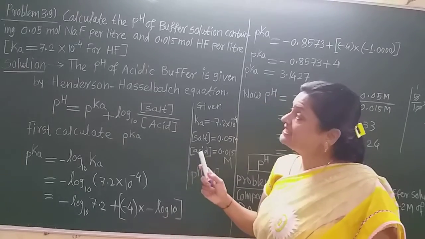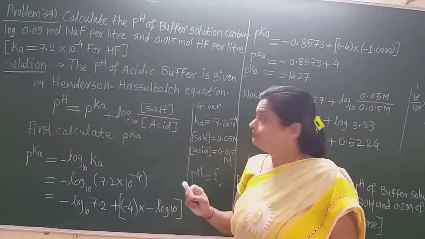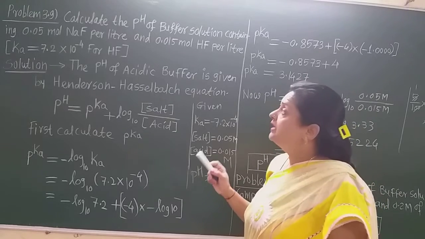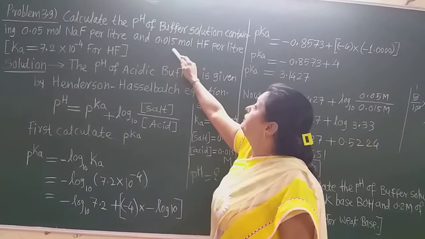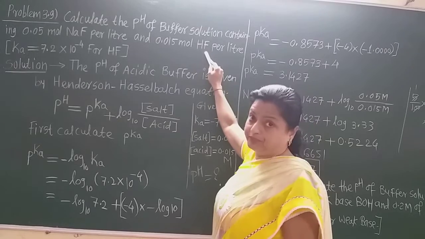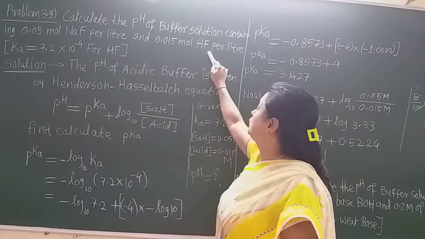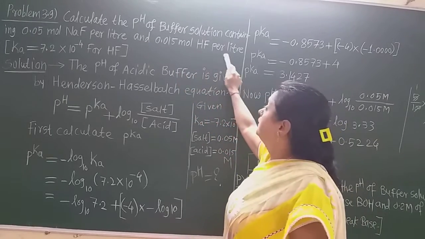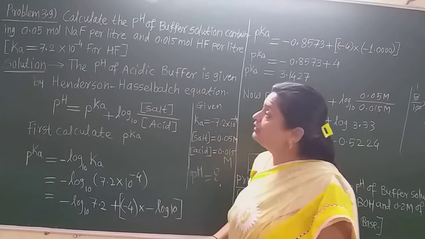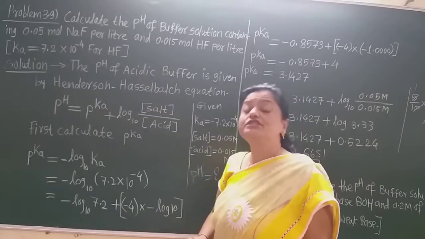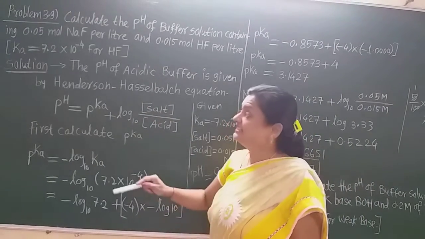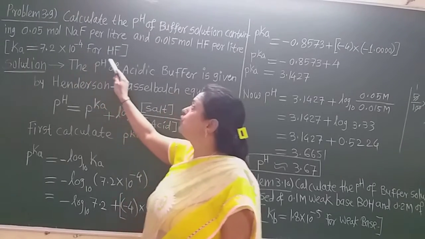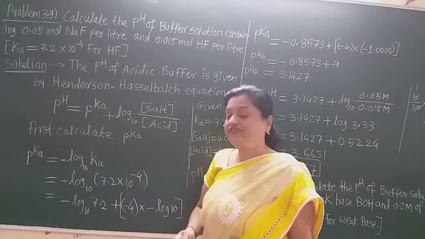So NaF is the salt having the concentration 0.05 mole per liter and 0.15 mole of HF, that is the weak acid hydrogen fluoride. Its concentration is also given, 0.015 mole per liter, and they have also given us the Ka, the dissociation constant of the weak acid, equal to 7.2 into 10 raised to minus 4 for the HF, that is the weak acid.